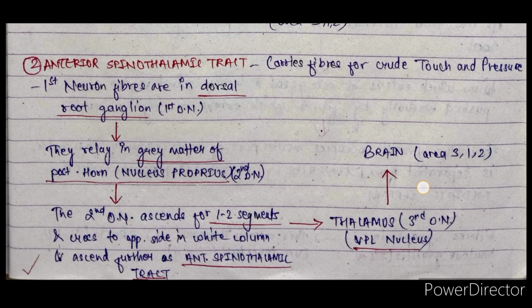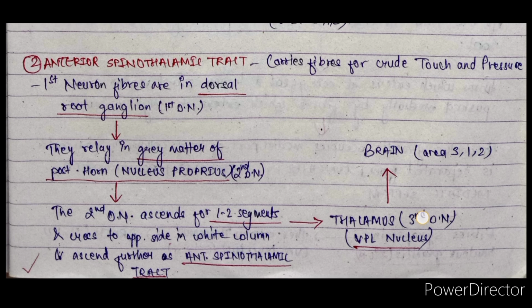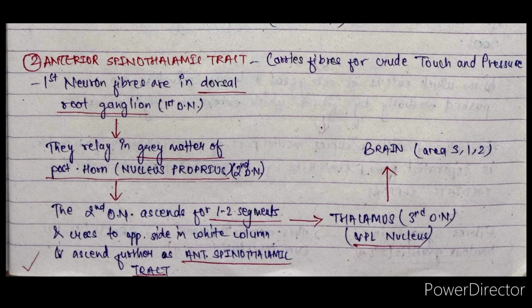Now let us see the second ascending tract, that is the anterior spinothalamic tract. It generally carries fibers for crude sensation, that is touch and pressure. The first neuron fibers are in the dorsal root ganglion, which is known as the first order neuron. They relay in the gray matter of the posterior horn, known as nucleus proprius, the second order neuron.